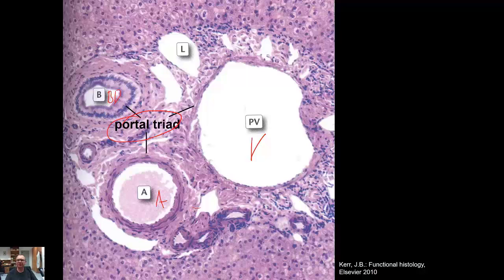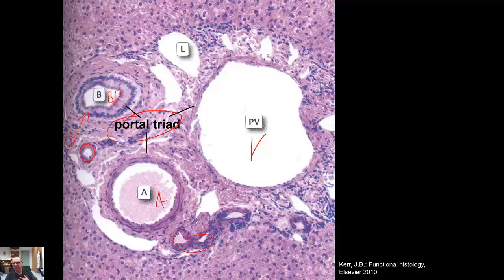Of course, all these structures are branching, so you can find here sometimes some smaller arteries or arterioles, like here, or smaller bile duct, which is just going to our larger interlobular duct. Smaller veins, the proximal segments of circumlobular veins have to be here, and also lymphatic vessels.